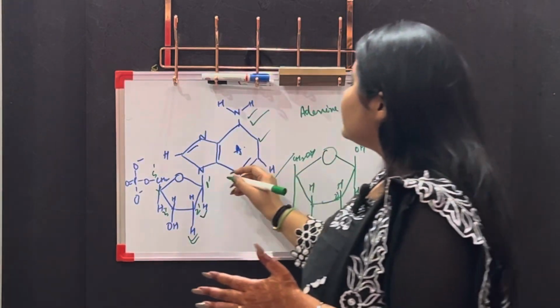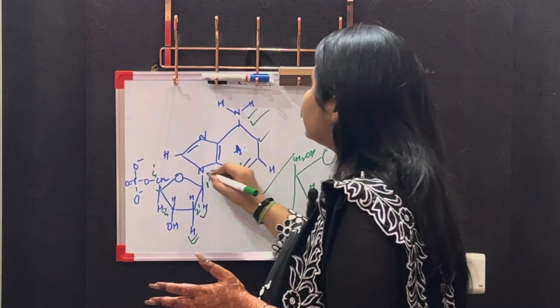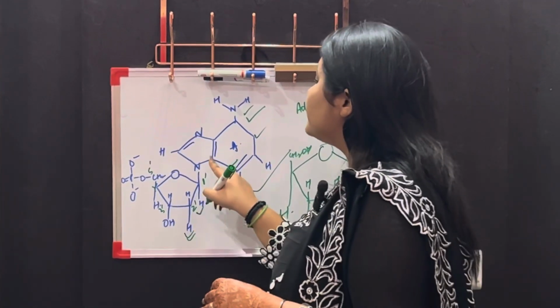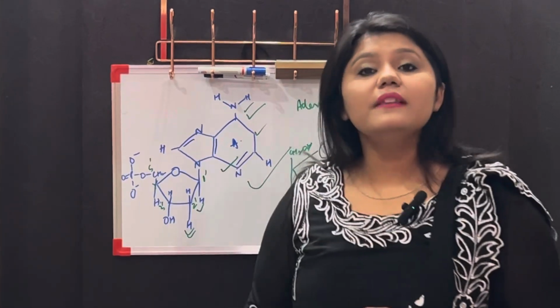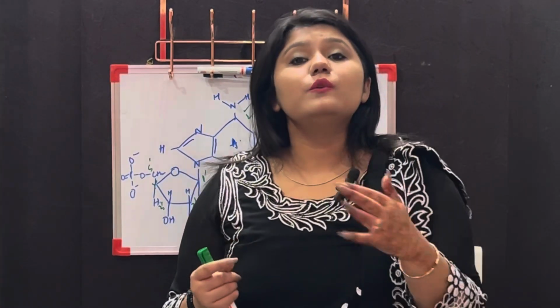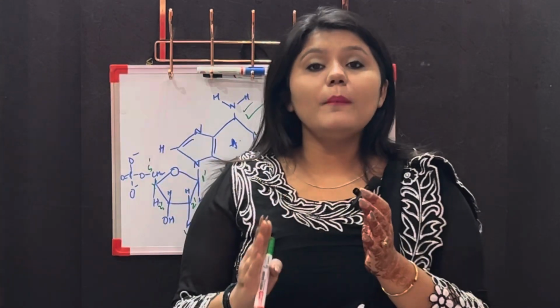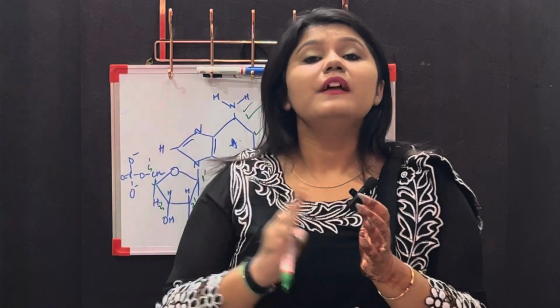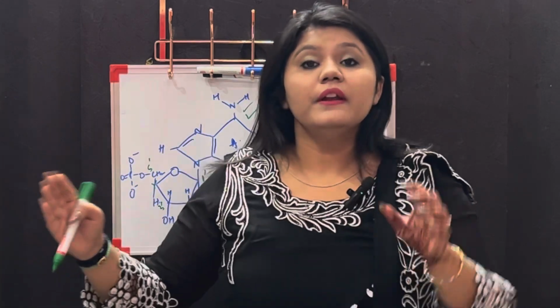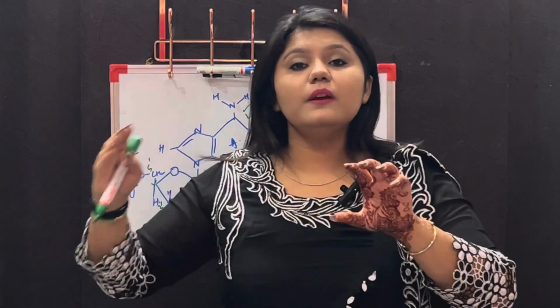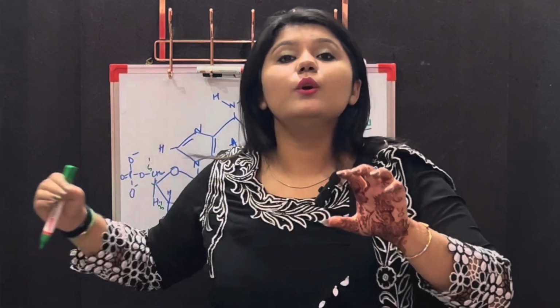Okay. So first of all, we will see how bases are linked to the sugar. When we talk about the linkage between the sugar and the bases, the bond that is formed is known as the glycosidic linkage. Now, what is this glycosidic linkage? Glycosidic linkage is the linkage which is formed when there is removal of water.